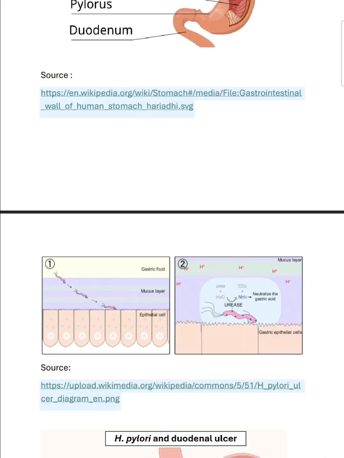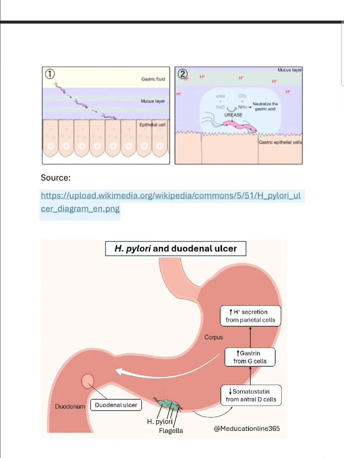And if we look at the mucosa, you can see that the mucosal lining or the gastric lining is called gastric epithelium, this layer here, and inside that we have a mucus layer, and inside that of course we have the stomach lumen, which is filled with fluid or the gastric content. So you can see here, these are the Helicobacter pylori.